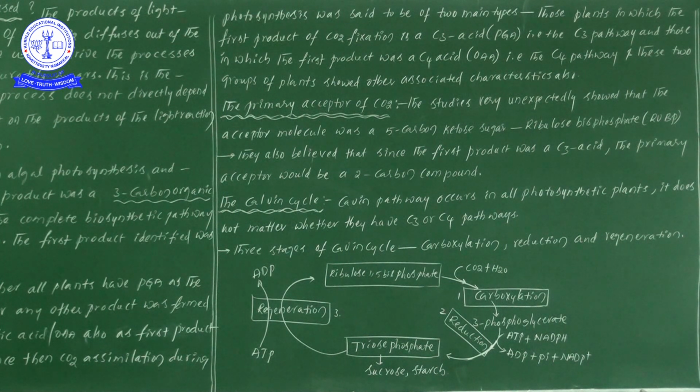In plants, if the first stable compound formed by photosynthesis is a 3 carbon compound, we call them C3 plants. If the first product in photosynthesis is a 4 carbon compound, we take those plants as C4 plants. Some more information we will see later.